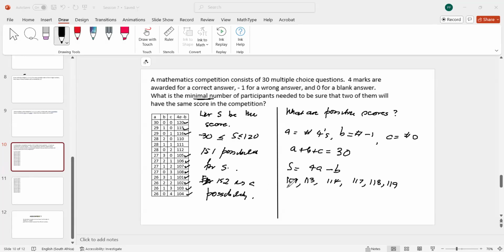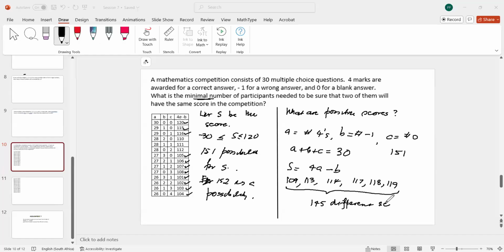But for the time being, there are 6 numbers from this 151 altogether, which cannot be attained. I said 151 possibilities for us, but 6 of them are impossible, right? Which means that there are only 145 different scores.